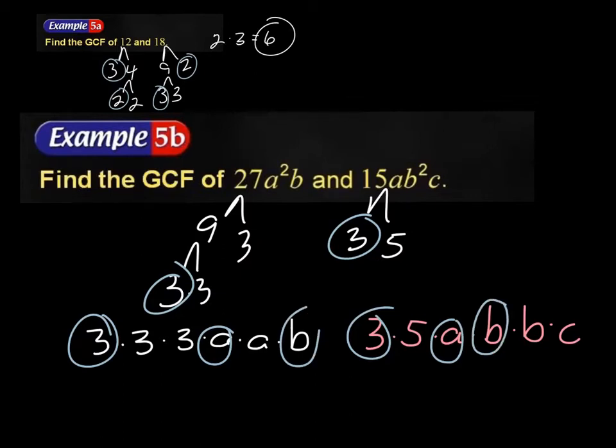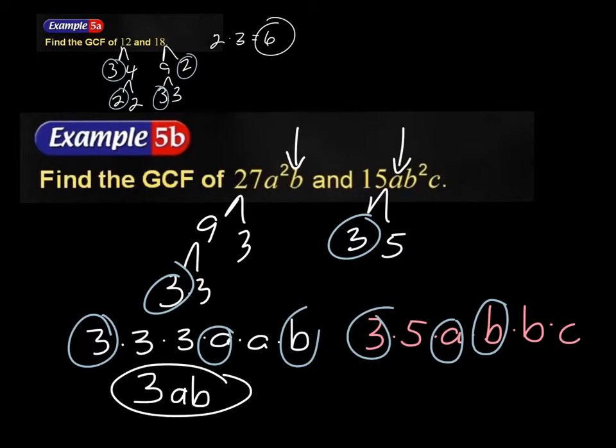So my greatest common factor is going to be 3AB. Now, to me, it is easier just to look here and go, to be the greatest common of the variables, you have to have the smallest exponent. So the smallest exponent for the A's is 1. The smallest exponent for the B's is 1. The smallest exponent for the C's is none because there's no C in that first one. So I only get 3AB.